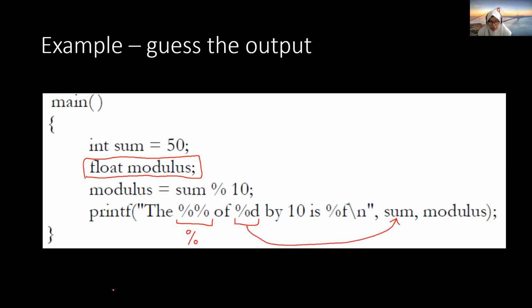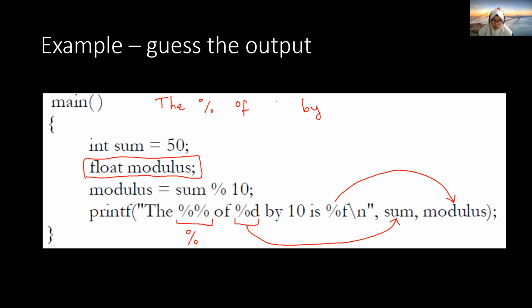So sum is an integer. By 10 is modulus %f. F is a float for the second entry, which is modulus. So you can expect that the output looks like this: the modulus of something by sum is what?